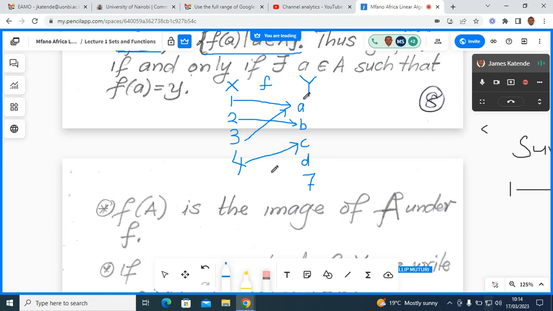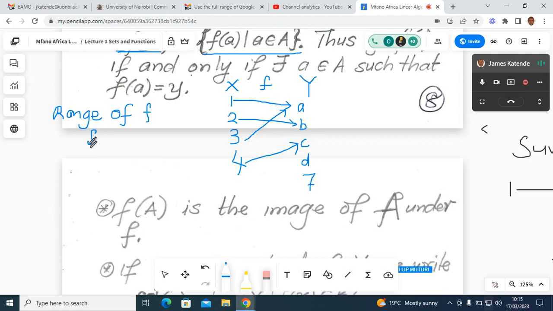Good. So we saw in the last class that the image of this function, or the range of this function, will just be the set consisting of all the elements in Y that have a preimage in X. So the range of f will simply be the set consisting of just the elements which have a preimage.